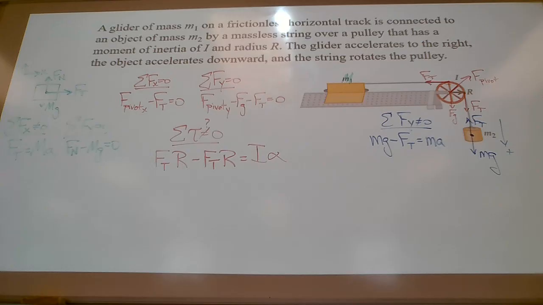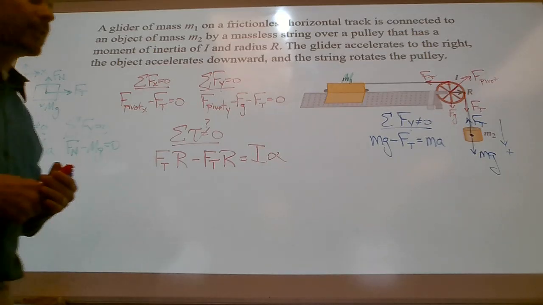If they're not equal, figure out which one's greater. The tension going down has to be greater, because we know it's accelerating. The correct answer is the one going down. So the one going down is greater.